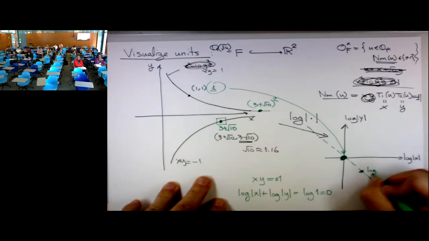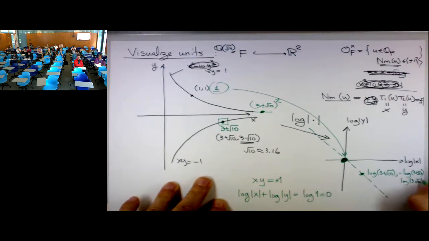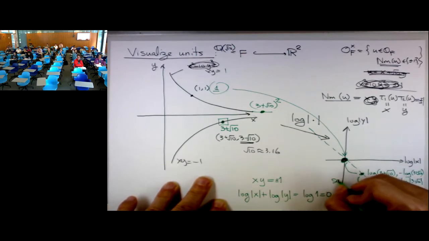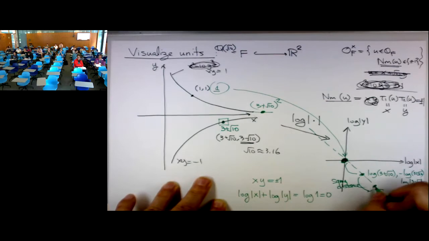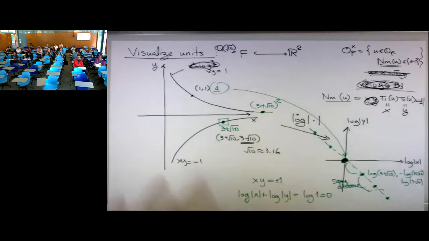So it's going to be log of 3 plus root of 10, comma negative log of 3 plus root of 10. That's the same as log of the absolute value of 3 minus root of 10. And the next one is going to be at equal distance, the same distance. It's going to be a point here and then go on here, and same for the other direction.